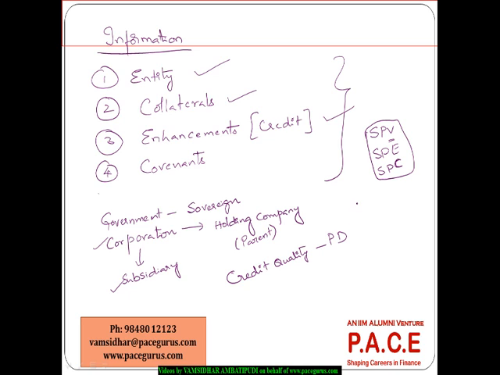It's like, if this particular company wants to raise capital for some specific purpose, to issue a bond, instead of the company issuing the bond on its own, it creates one new legal entity called the special purpose vehicle, and it transfers a few assets to this legal entity.